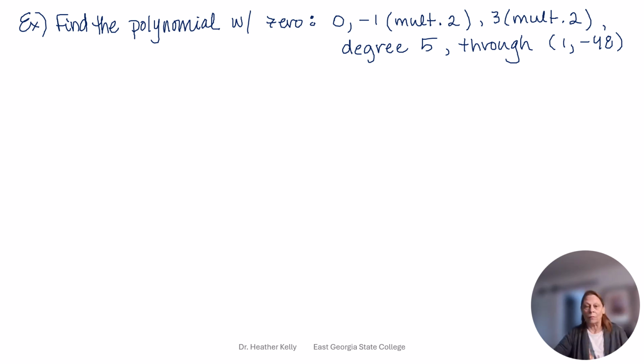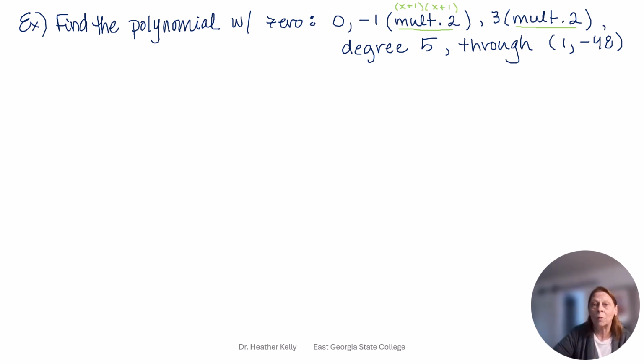Okay, now let's unpack this a little bit. First things first, multiplicity you should already be familiar with, but if you're not, that means that factor is repeated twice. So that means we have an x plus 1 and an x plus 1.